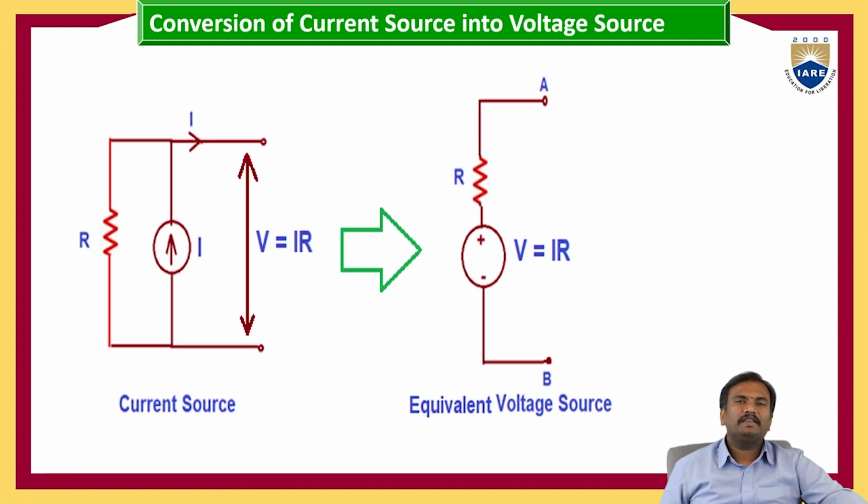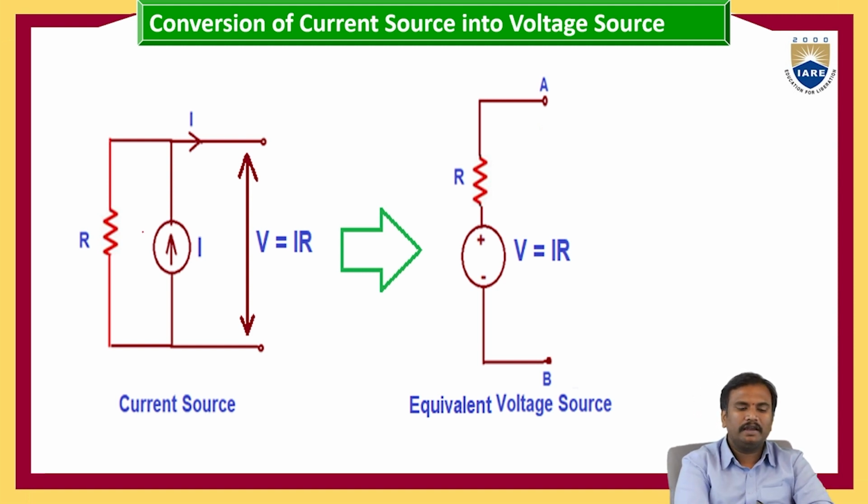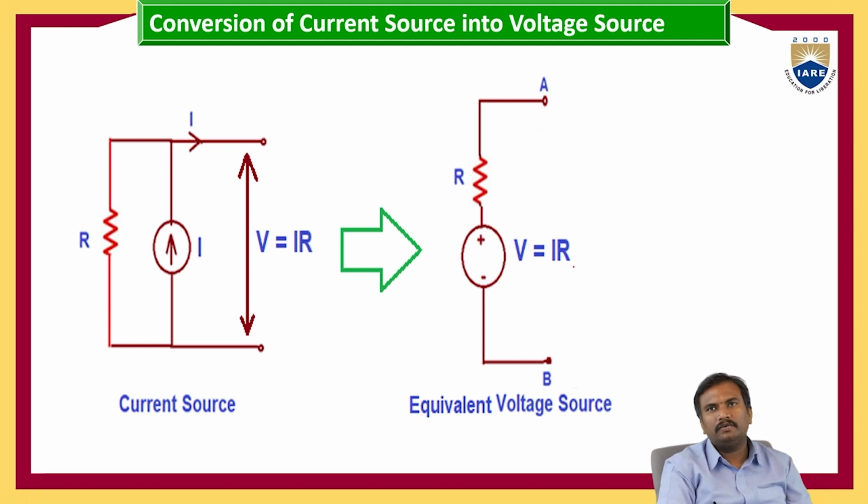In the same way, whenever we want to convert a current source into a voltage source, a current source in parallel with a resistance can be converted into a voltage source where V is equal to I into R, in series with the resistance.